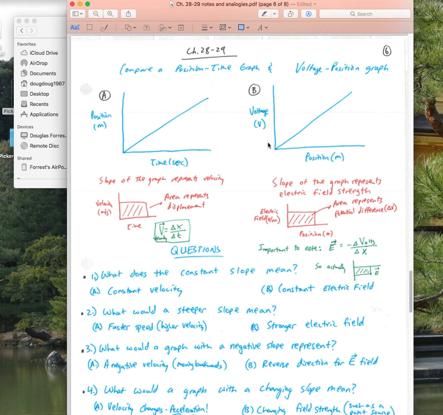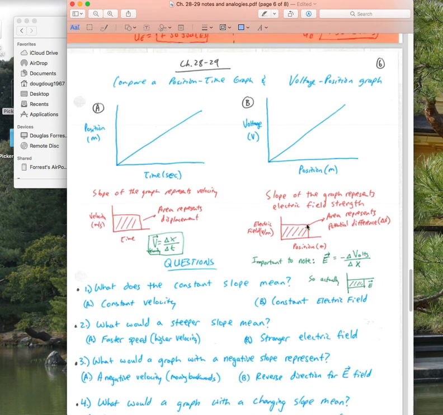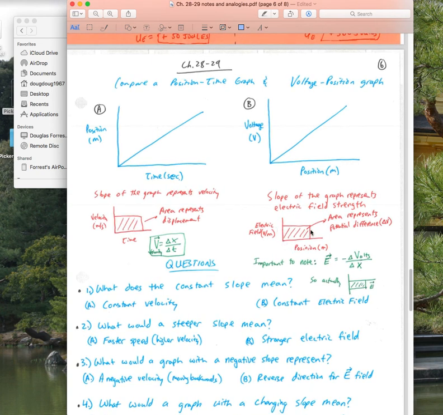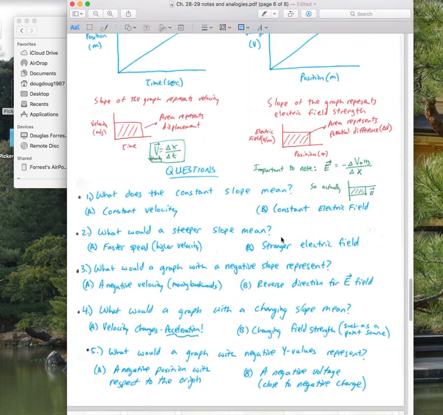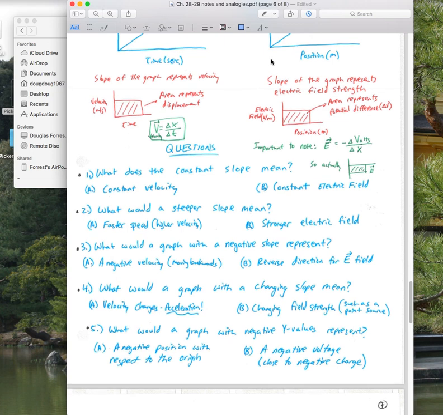Why? Because the slope of the voltage graph, voltage per meter, would be electric field. And so if we add electric field over position here, volts per meter times meters gives me volts, just like meters per second times seconds gives me meters. So this area represents the potential difference as you're going from one spot.